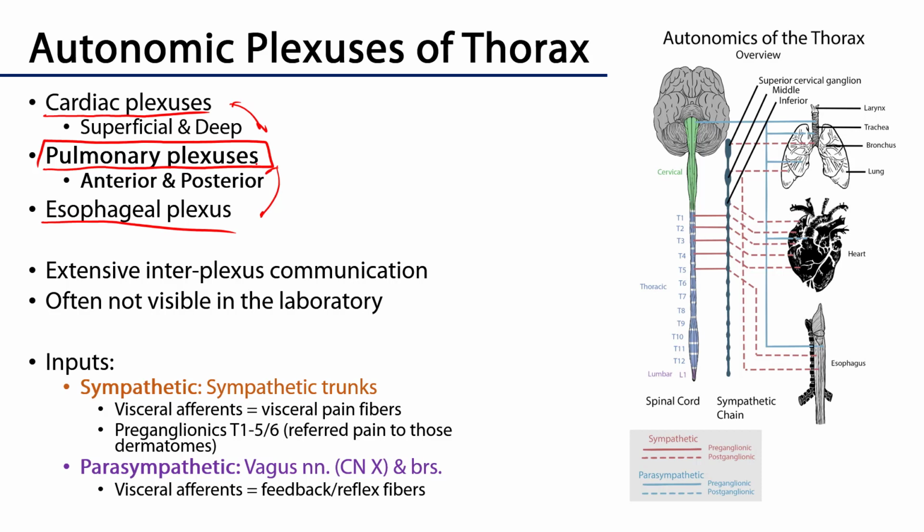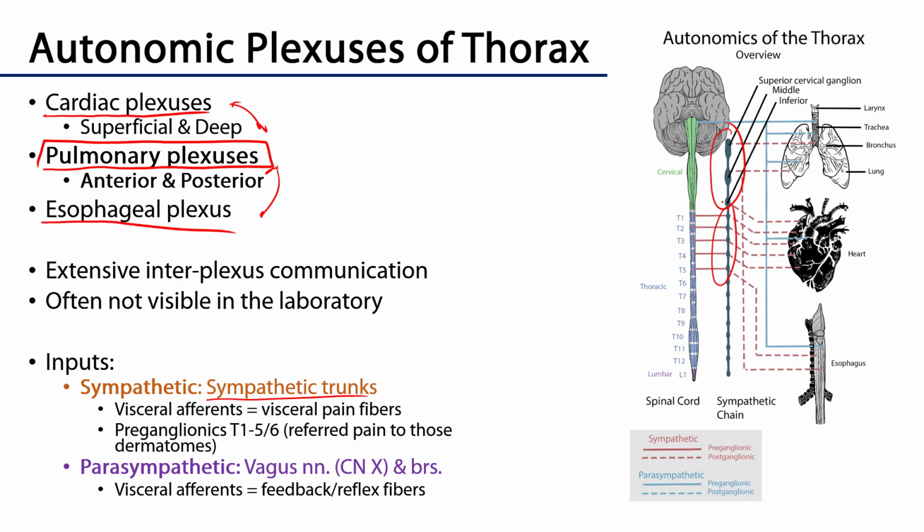Now, in terms of inputs into an autonomic plexus, there are going to be sympathetic and parasympathetic. And in the case of the thorax, the sympathetic inputs are going to come from the sympathetic trunks. And there will be both cervical sympathetic trunk inputs as well as thoracic sympathetic trunk inputs, and we'll discuss the particular branches from individual ganglia.